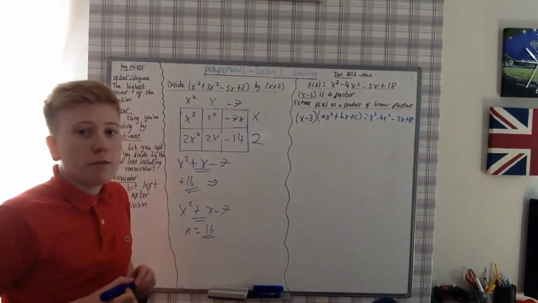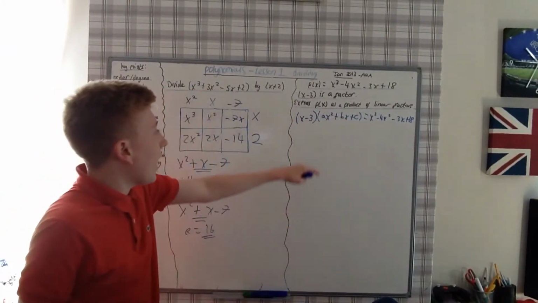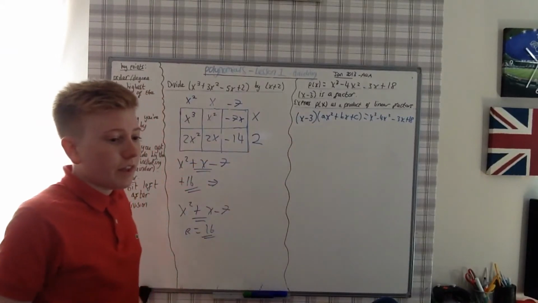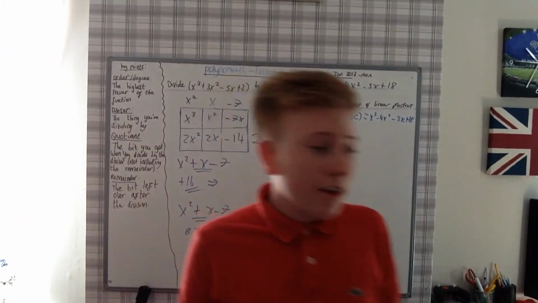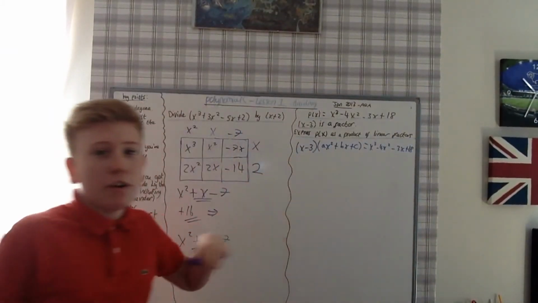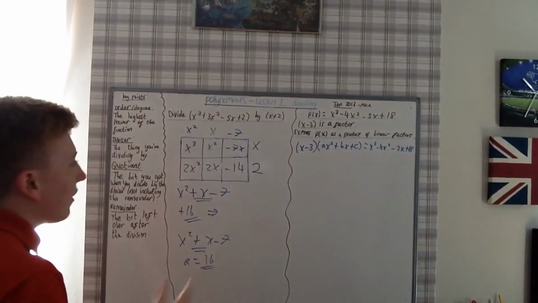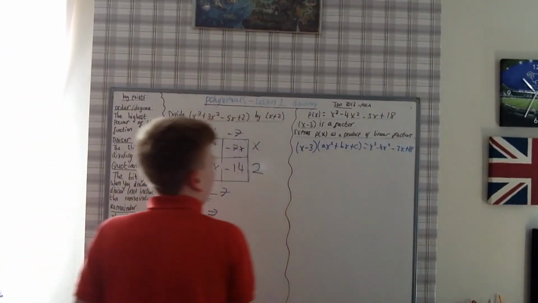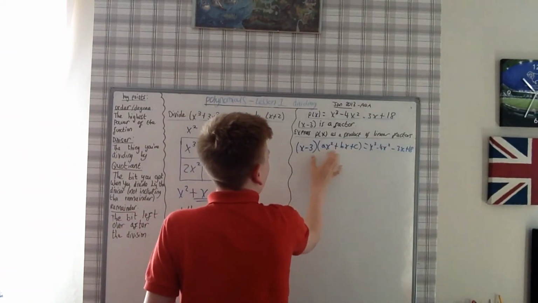Now an exam question might give you this in this form and tell you to work out the values of a, b and c. However, if it doesn't do that, it's always worth writing it in that form. Because we can see now what we're doing. We're multiplying x minus 3 by ax squared plus bx plus c to give us this. So what we're having to do is divide this by this to give us this.